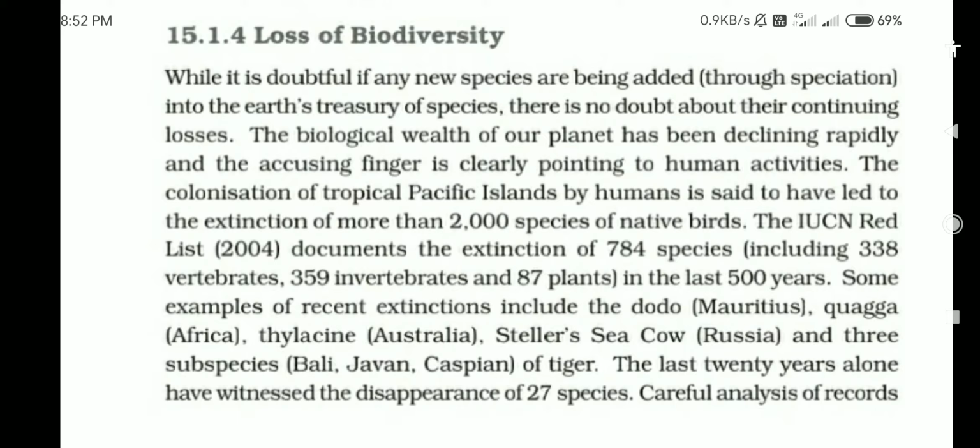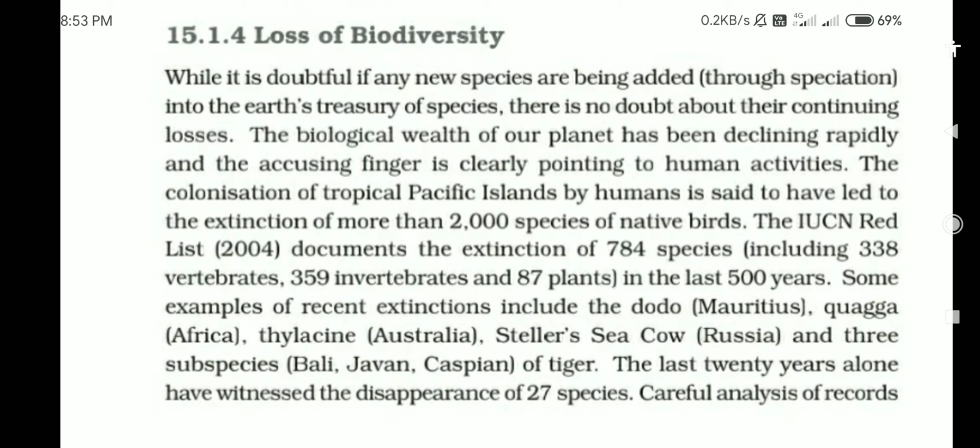Recently, some species have gone extinct: the dodo in Mauritius, the quagga in Africa, the thylacine in Australia, the Steller's sea cow in Russia, and three subspecies of the tiger, Bali, Javan, and Caspian, have gone extinct. In the last 20 years alone we have witnessed the disappearance of more than 27 species.